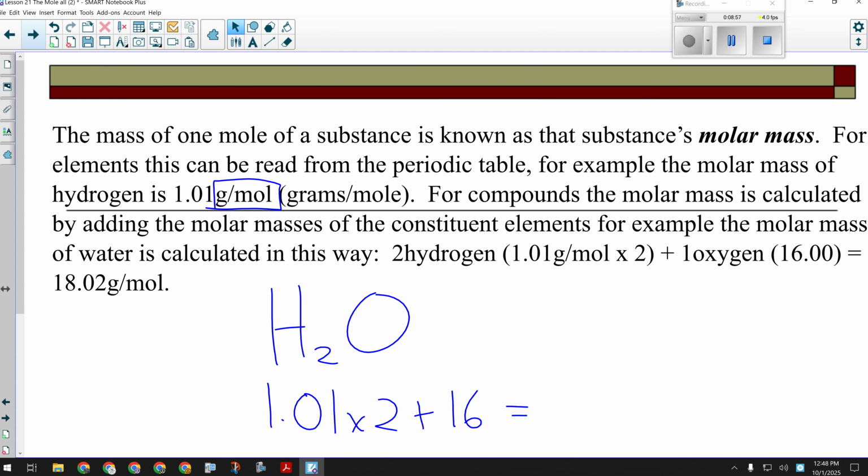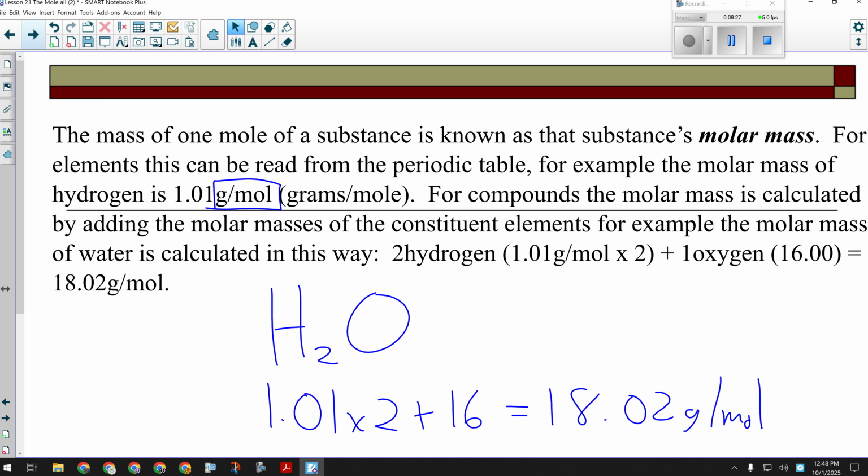Okay, 1.01 times 2 is 2.02 plus 16. 18.02 grams per mole. In other words, if I had 18.02 grams of water, about the amount that fits in a molecule, I would have 6.02 times 10 to the 23 molecules of water.